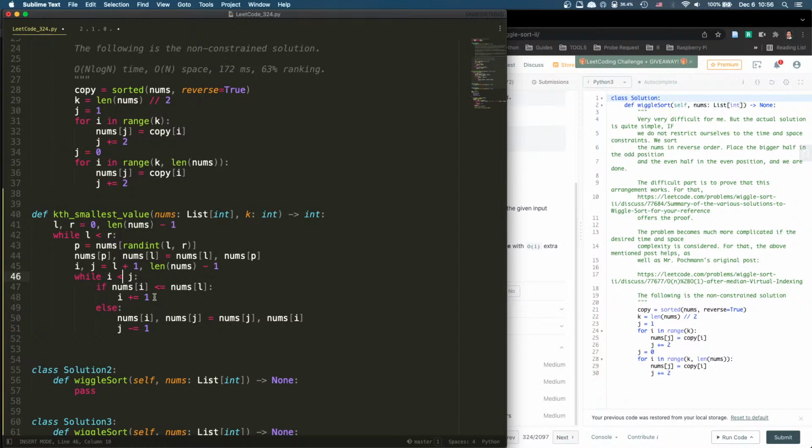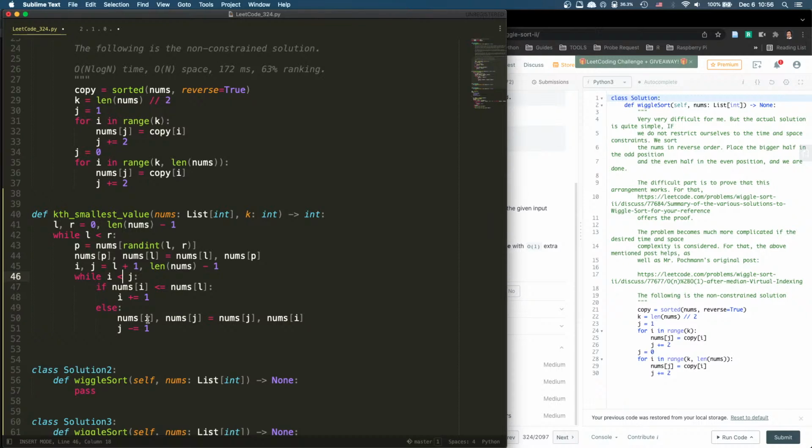Because in this one I just keep checking, right? We keep checking, because every time I swap, j will go forward as well. So both j and i are going.